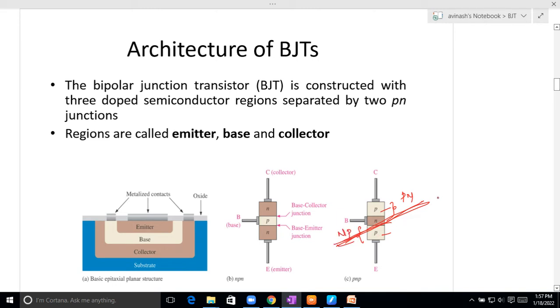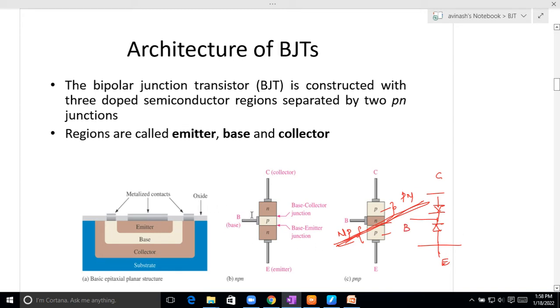If you draw a symbol like this, PN, and this is NP. Am I correct? So this will be the collector, this will be the emitter, and exactly here we have the base.